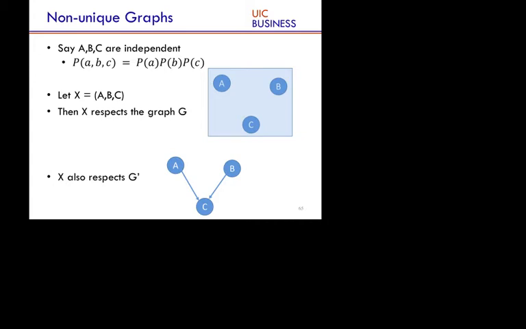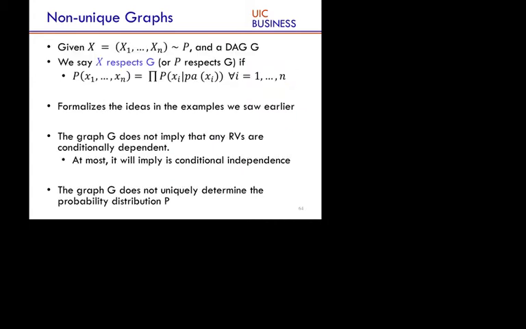Not clear? What do you need for a joint distribution to respect a graph? You just need to inspect whether the product over the factors, where every factor is for a node, the product of the node given its parents, is equal to the joint probability.